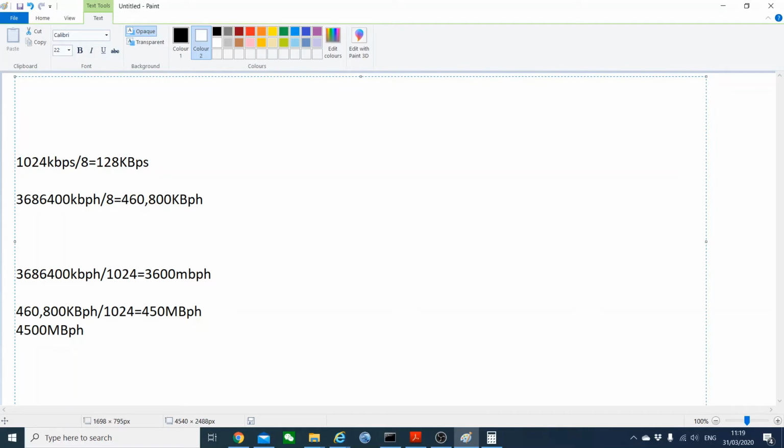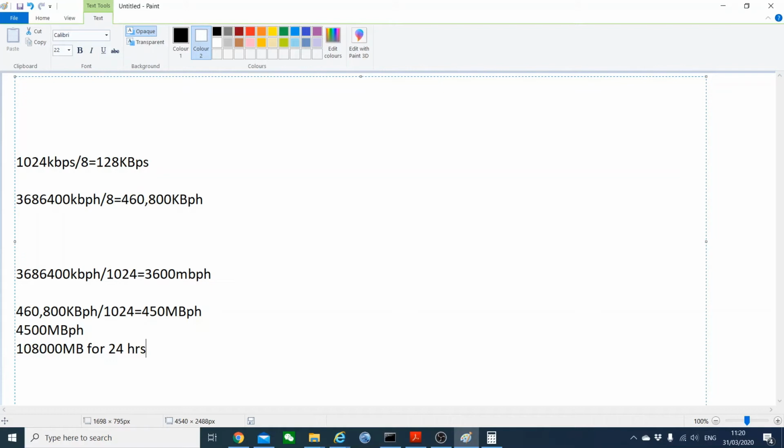If you want to do the math for, for example, 24 hours, just multiply it by 24. Then we will get 108,000 megabytes. I don't know how to write it, but for 24 hours. Do you want to know the same thing for a month? Just multiply it by 30, etc.